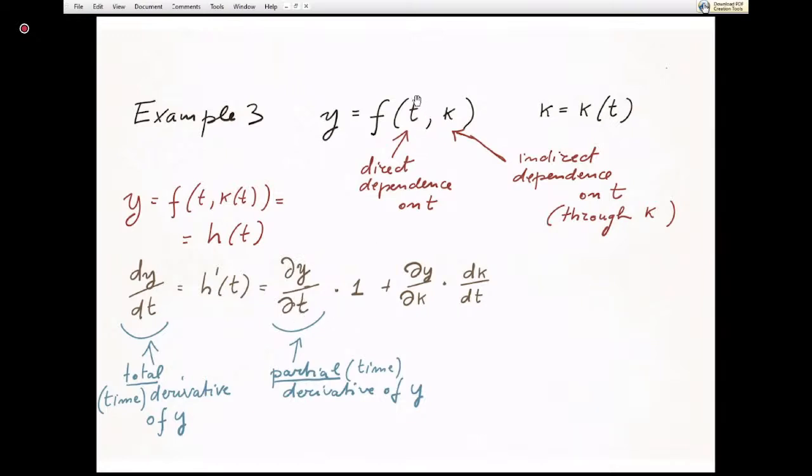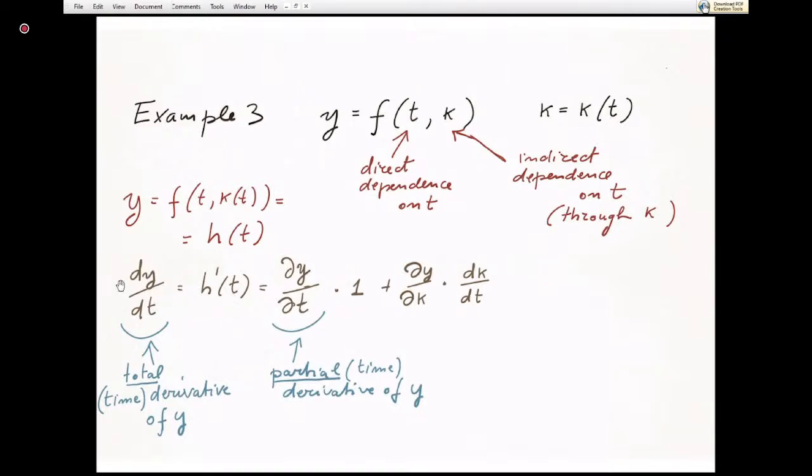The derivative of the first argument, t, with respect to time, which is 1, plus the partial derivative of y with respect to its second argument, which is dy by dk, times the time derivative of k, which is this one. So it is the same formula as above, but it is easier.